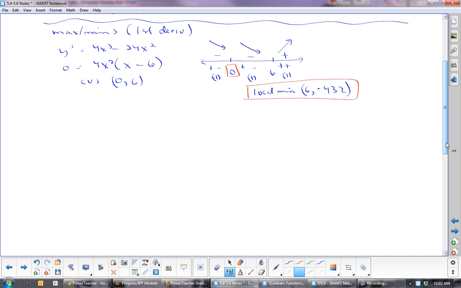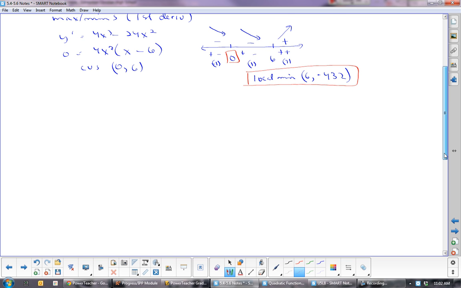And again, I could have found the max and mins by my second derivative, but the second derivative doesn't give you all the increases and decreases. Okay, so let's do the second derivative.